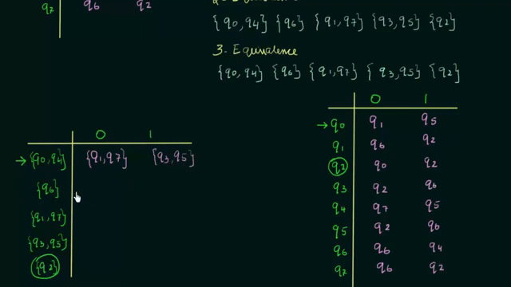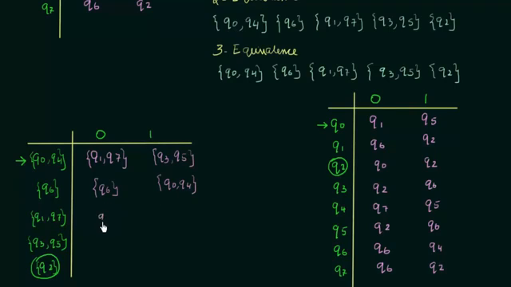Okay, now Q6, where does it go? Q6 on getting input 0, it goes to Q6 itself. Here also Q6 is my Q6 itself, and on getting input 1 it goes to Q4. So instead of Q4, what do I have to write? Q0, Q4, the state that contains Q4.